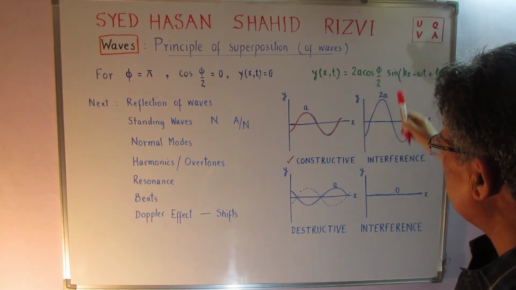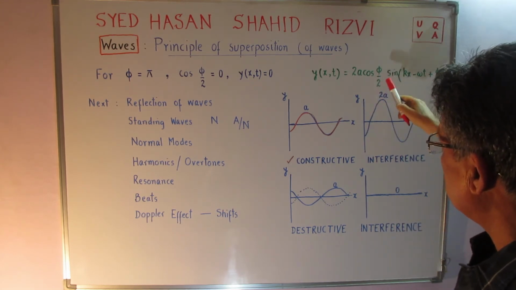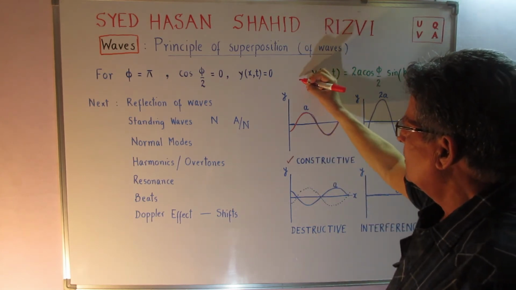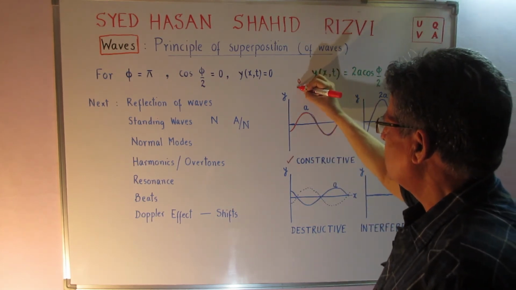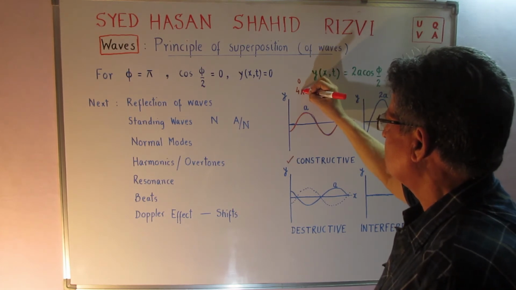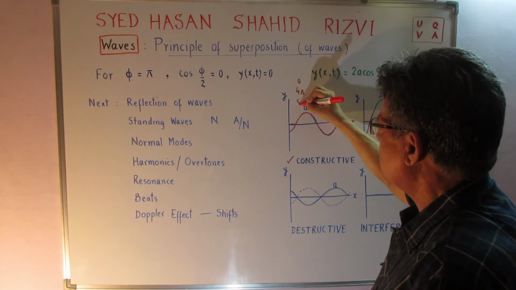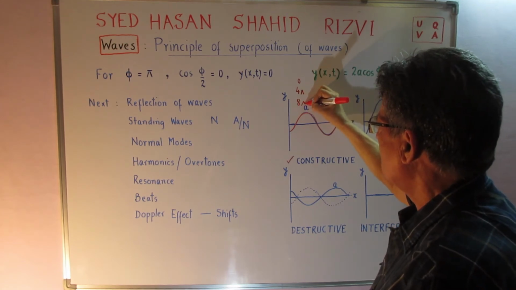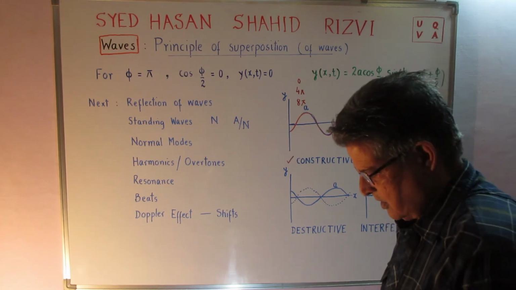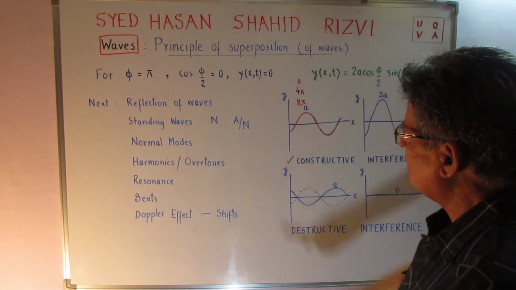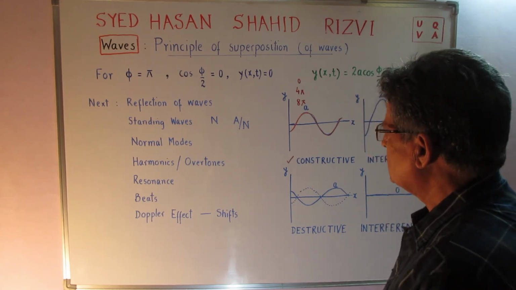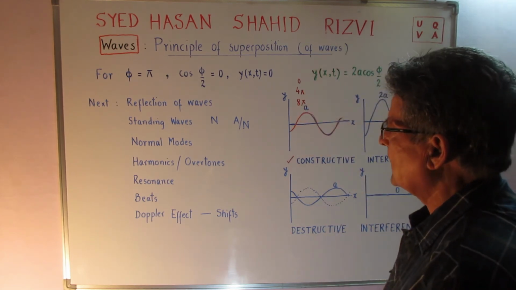I told you the value of cos(phi/2) is equal to 1, which is for phi equal to 0, 4 pi, 8 pi, etc. That is when we obtain constructive interference. Their corresponding path values can also be written, because 2 pi is equivalent to lambda, so this is 2 lambda, 4 lambda, like that.